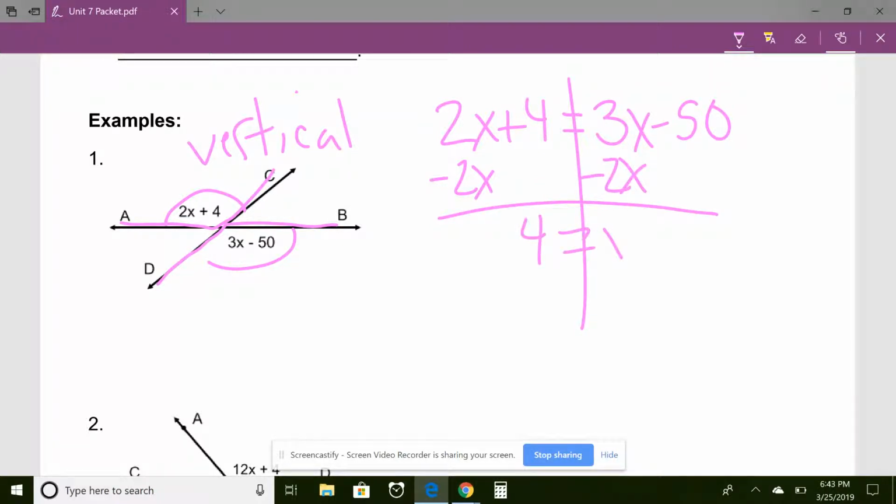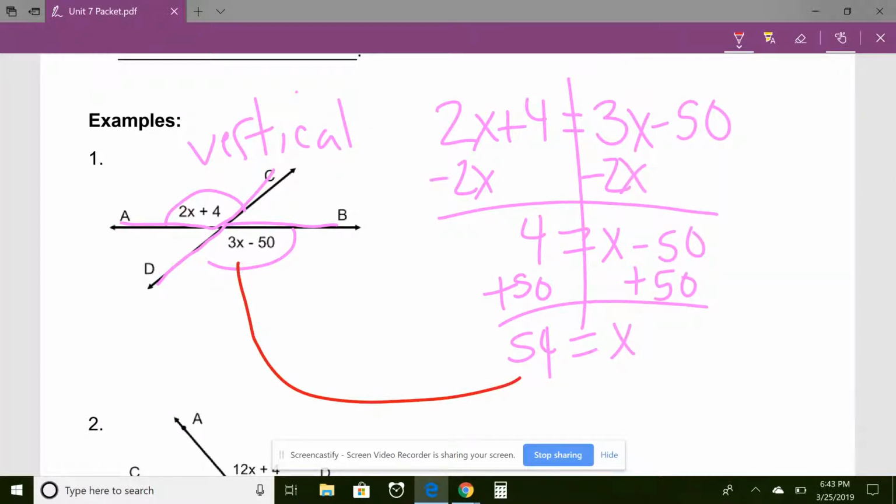So 4 is x minus 50. Add 50 to both sides. You get 54 is x. Now, that's not the answer. We have to plug it back in. Actually, I would do the other one. It's 2 times 54 plus 4.